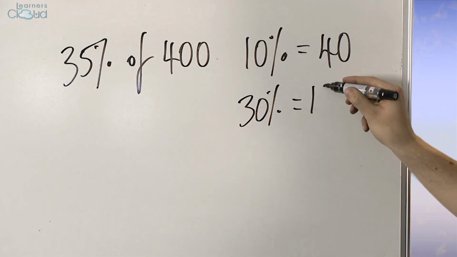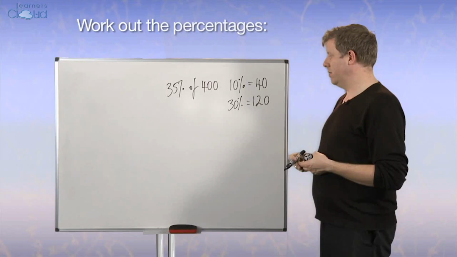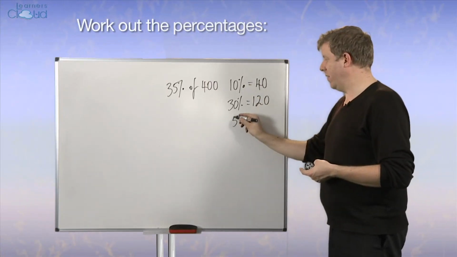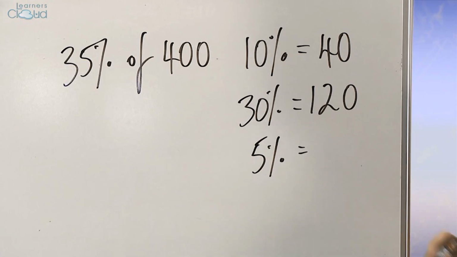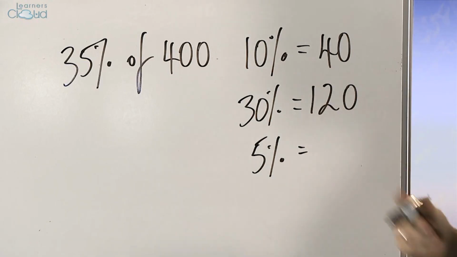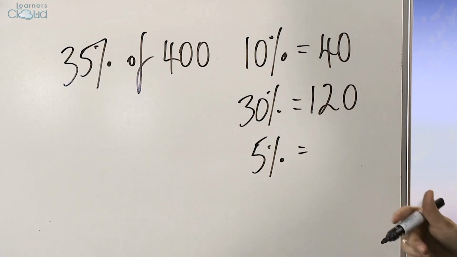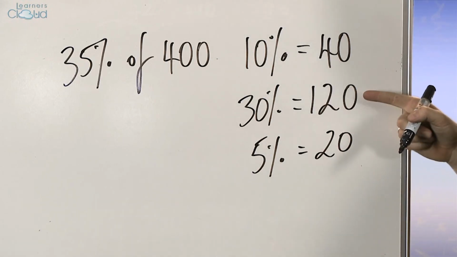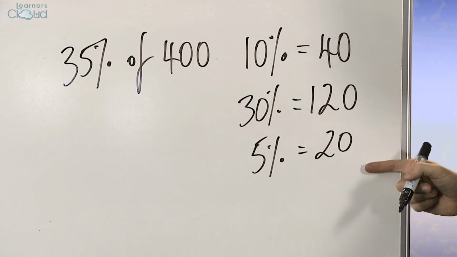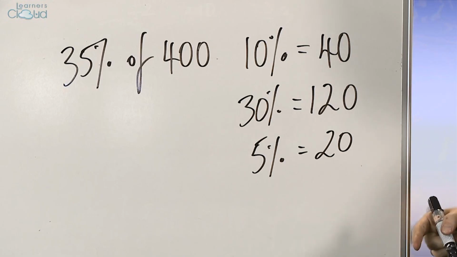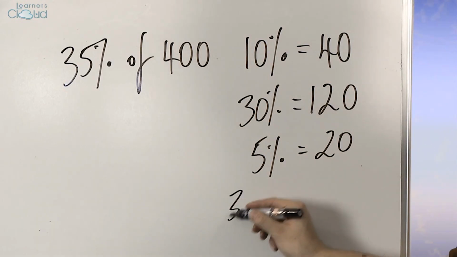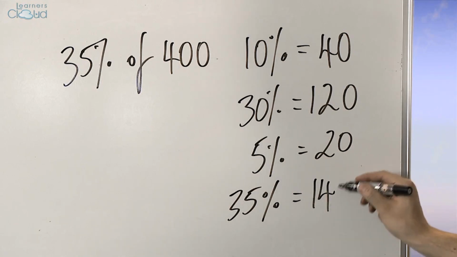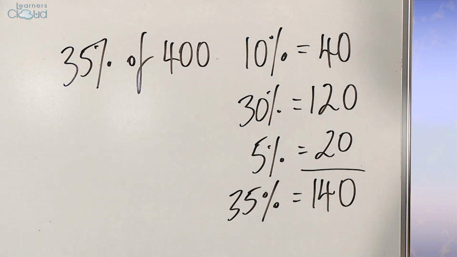In this case, 120. If I've also worked out 10%, then 5% becomes easy to work out. 5% would just be half of 10%. In this case, 20. That gives me 30% and 5% that I've worked out separately. Adding them together will give me that 35% is therefore equal to 140.